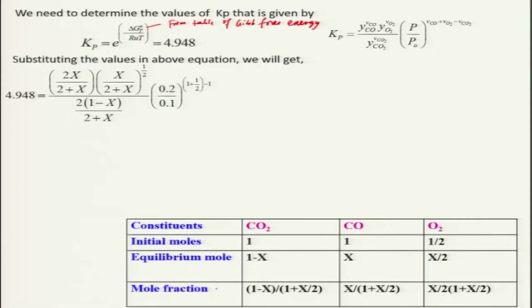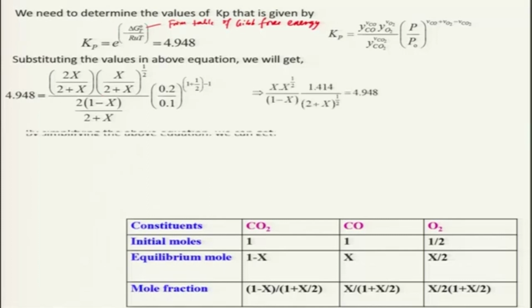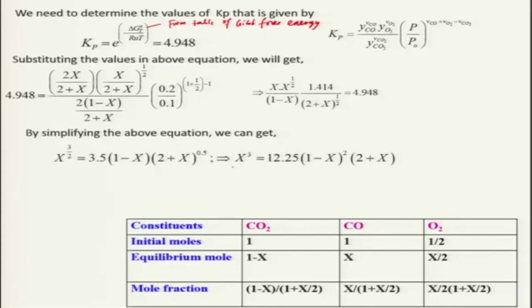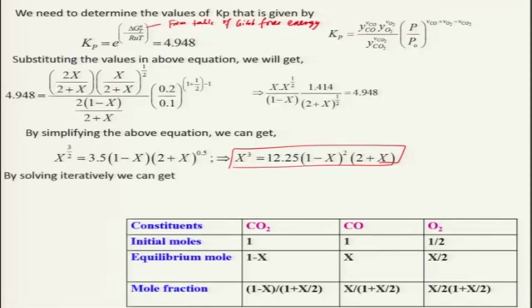we can find this is 494.948, and these mole fractions we are substituting over here. Then you can solve these equations, and this happens to be a cubic equation, and it is not that easy to solve. You can use an iterative method or some numerical method to solve this equation.